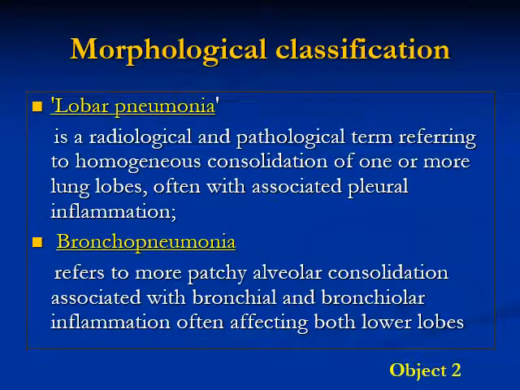Another classification is morphological or anatomical: lobar pneumonia and bronchopneumonia. Lobar pneumonia is a radiological and pathological term, referring to homogeneous consolidation of one or more lung lobes, often with associated pleural inflammation.